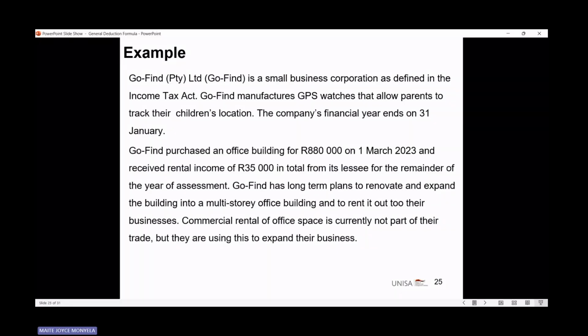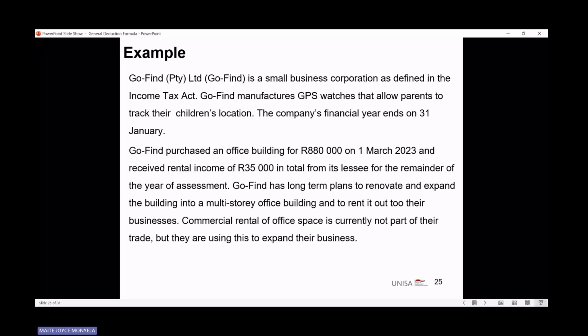We have Jofine, a small business as defined in the Income Tax Act, that manufactures watches. Their financial year ends on 31 January. They purchased a building, and we want to know if this building qualifies as a deduction. They purchased the building on the 1st of March 2023, and they received rental income of 35,000 from the lease.